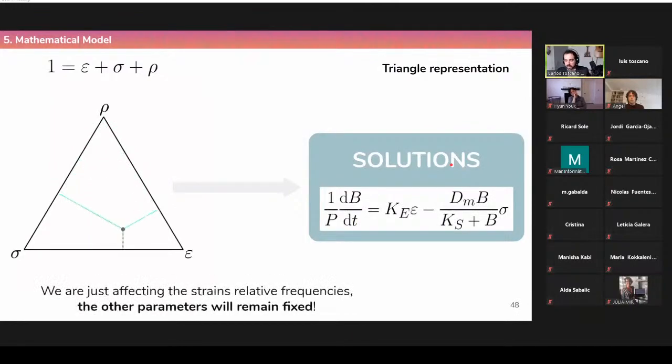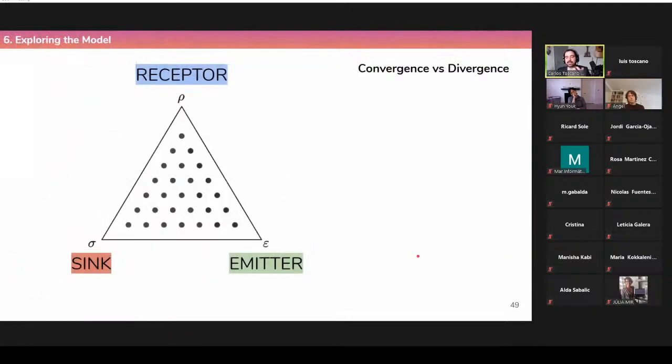Now, recall that we are going to just affect the ratios of our strains, the proportion of emitter, zinc, and also receptor strains, but the other parameters are going to remain fixed.